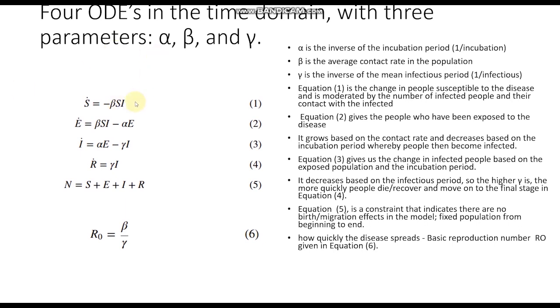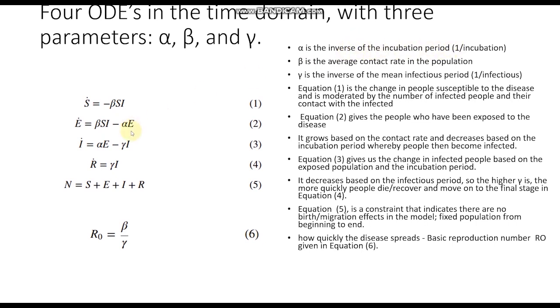From these already available people, if you subtract the number of infected people, this will give you the dynamic of change of the exposed number of people with respect to time. Here, the second term, alpha into E, is nothing but the number of people infected in the exposed compartment, where alpha is the inverse of the incubation period.